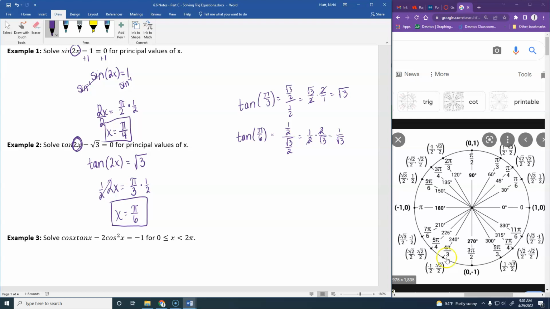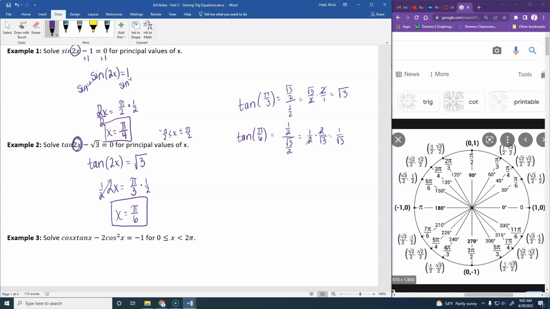Now, 4 pi over 3 is not really in the principal values, which are normally negative pi over 2 less than x less than, I think it's or equal to, pi over 2, right? So normally that's where we look. But since I'm having to divide by 2, I really want to double that area.